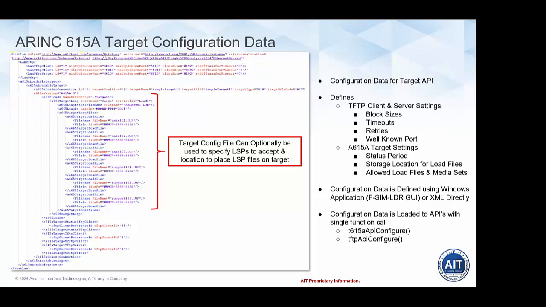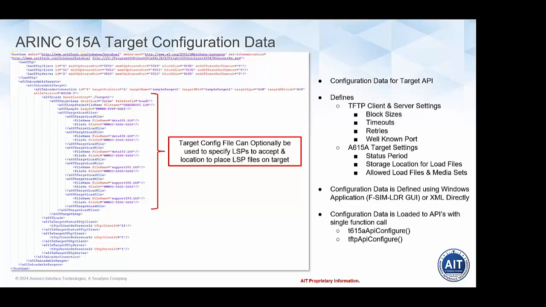We have a lot of applications where what the user does is they actually, for every load operation, they load 2 software parts. The first software part is this XML file. So they load it up to the target, and it says where to put all of the files from the part that it's going to load subsequently in that load operation.